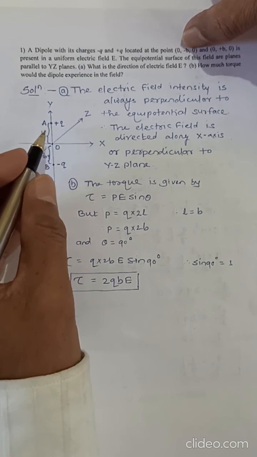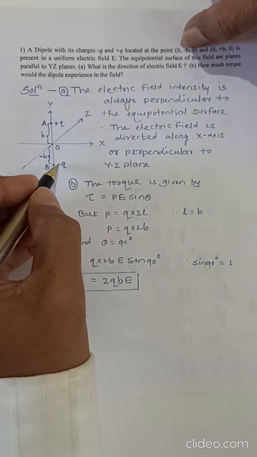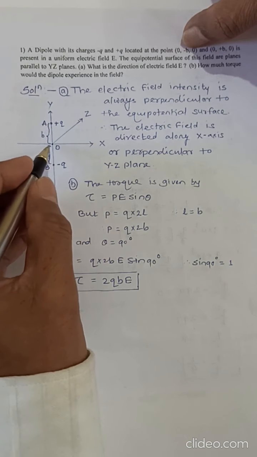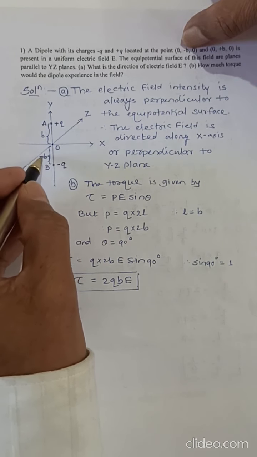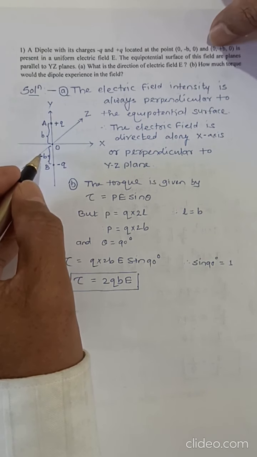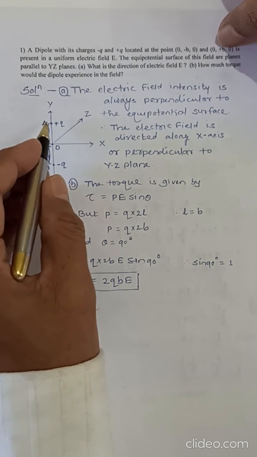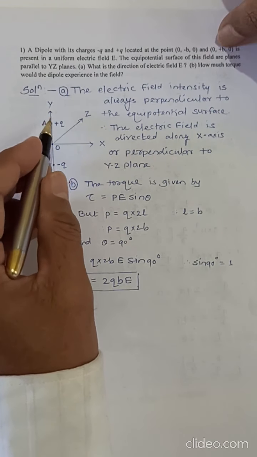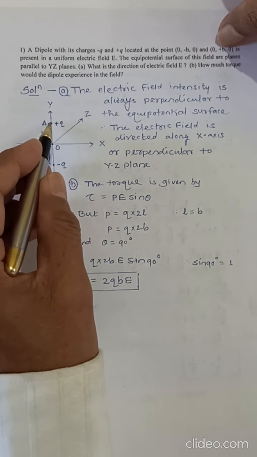This is the y coordinate. Y coordinate minus b means this distance OB is equal to minus b, and (0, plus b, 0): this is the x coordinate, y coordinate. Along this axis the y coordinates are positive.